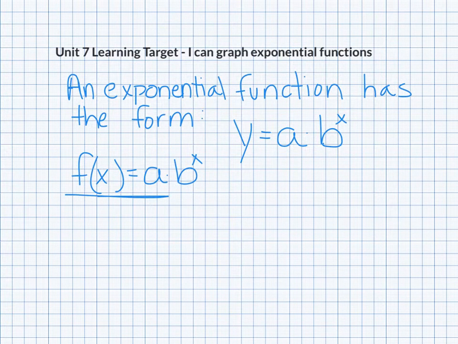Probably our worksheets are going to focus a little bit more on this form right here.